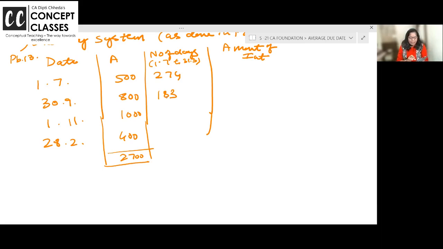Pick up your calculators and do with me. 151. So November 30, December 31, January 31, February 28, March 31. For 28 February, of course interest will be charged: 28 February 1 day and March 31, so total 32 days interest.